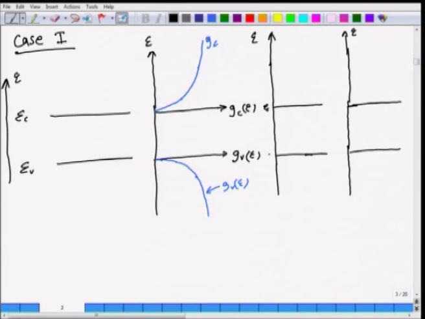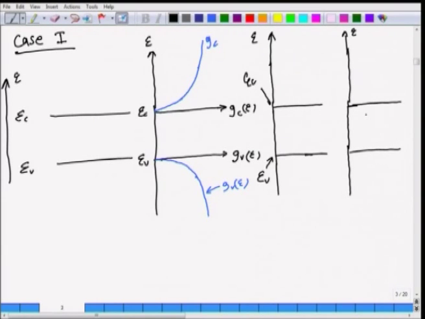EC's level is here, EV level is here, EC is here, EV is here, and just so that this is also visible, this is EV, and this point is EC, and similarly right here also.